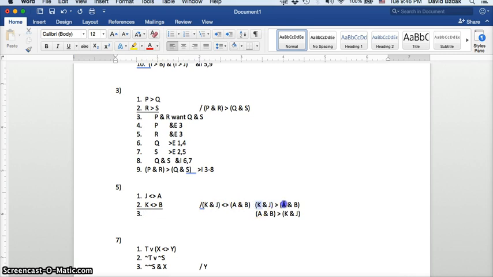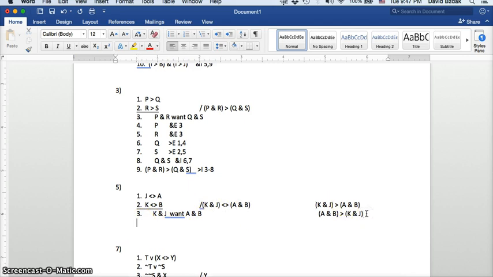So we'll derive this conditional first. So there we assume K and J, and we want A and B. I'll move those out there. I want to keep them up there so we remember what we're trying to get. Okay, so now we get K by itself by conjunction elimination of 3, and we get J by itself by the same step, conjunction elimination of 3.